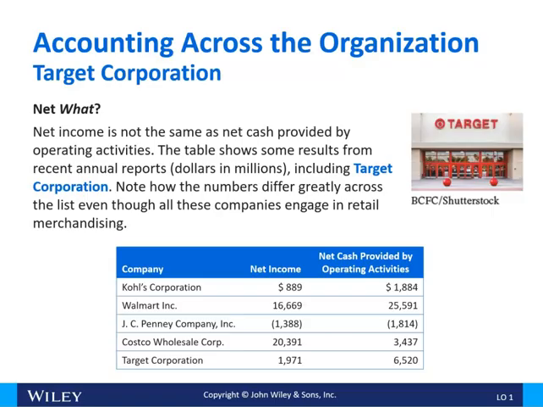Costco, $20 billion in net income, but only $3 billion in cash provided, so a lot less cash provided by operating activities than their net income. And then finally Target, $2 billion of net income, but $6.5 billion of cash provided by operating activities, so generated more cash than what their net income was.